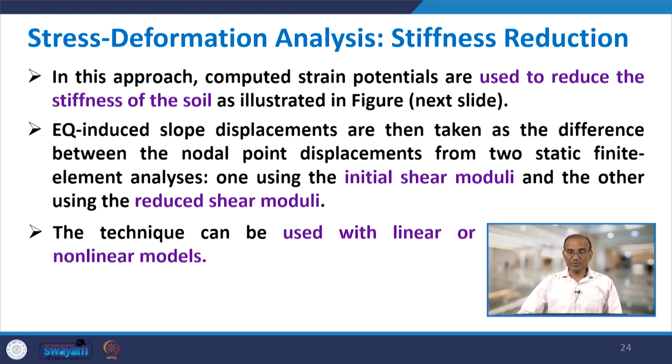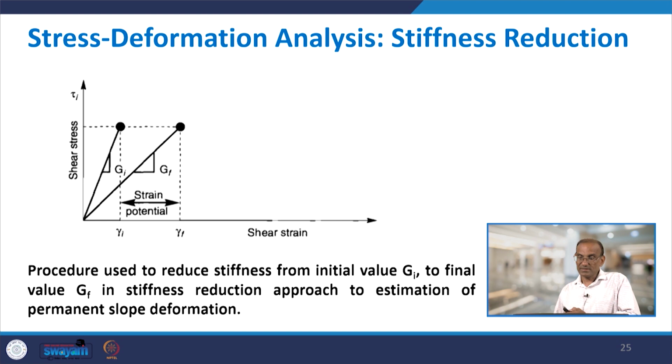Then there is another approach called the stiffness reduction approach, where the stiffness decreases. In this approach, computed strain potentials are used to reduce the stiffness of the soil, as illustrated. So, in this stiffness reduction approach you have shear stress versus strain.